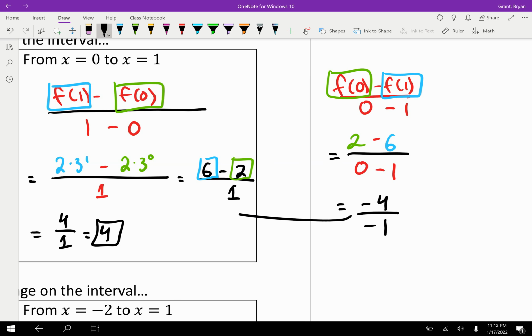You might say, whoa, that's not the answer we got before. The answer is negative. But is it? Negative 4 divided by negative 1, isn't that positive 4? If you think in terms of rise over run, this 4 over here meant up 4 to the right 1. This one means down 4 to the left 1. And I think if you trace that pattern, you realize it's the same pattern, just one is moving forward, one is moving backwards. Long story short, the order does not matter.